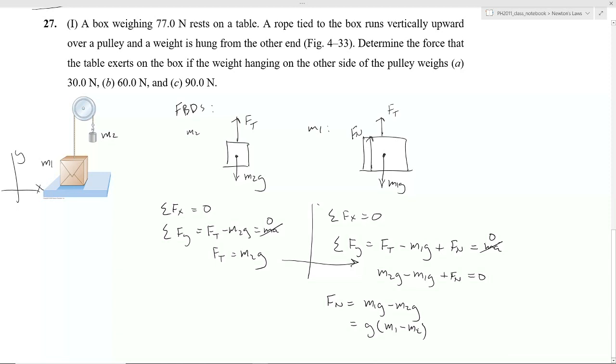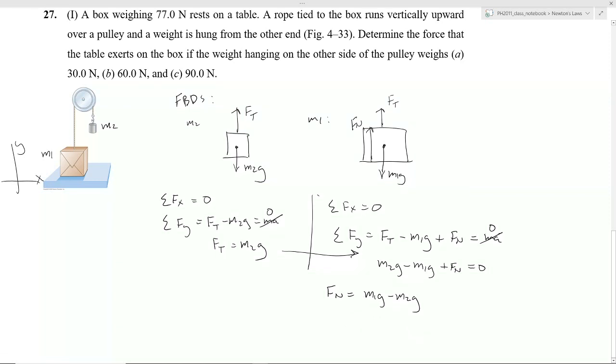And let's look at our different cases. Our boxes are listed in weights, so we'll just leave it like this. The different cases that we have, so for A, the hanging weight, M2g, is 30. Actually, I'll put it on our diagram here.